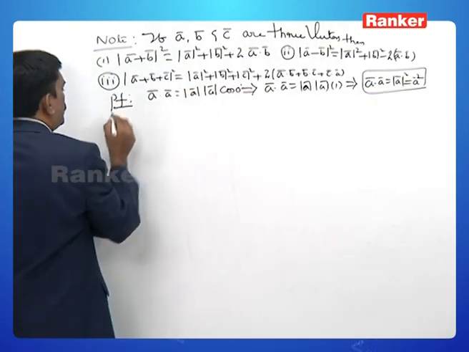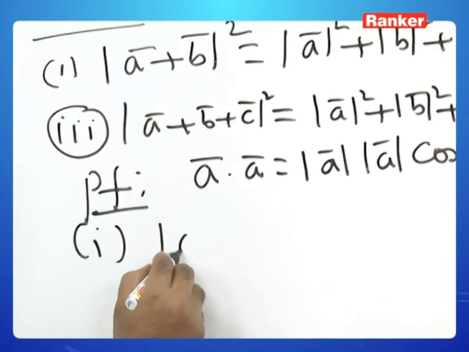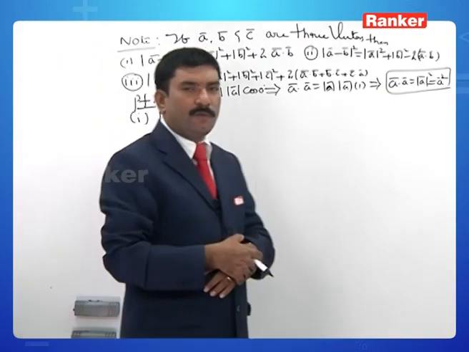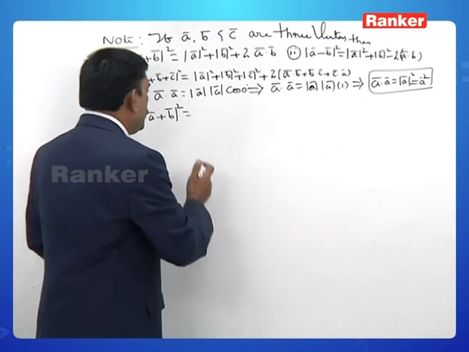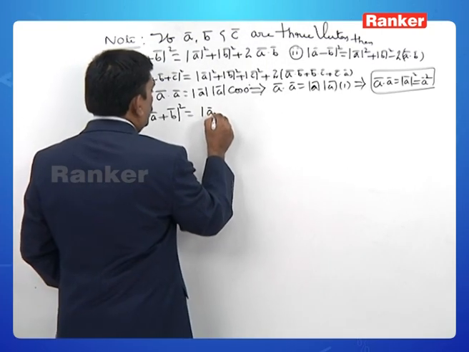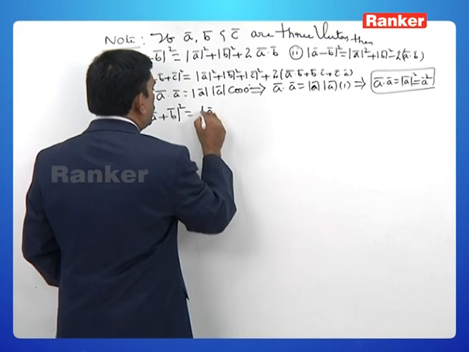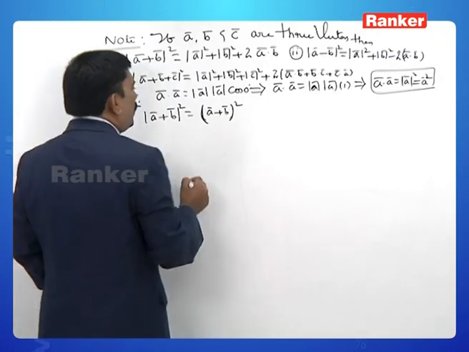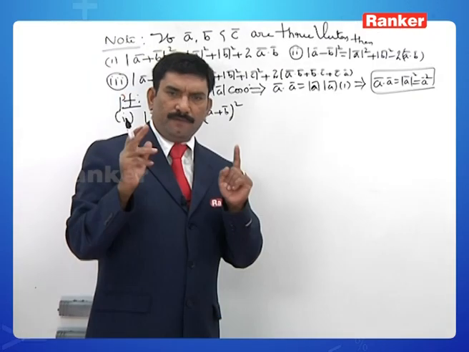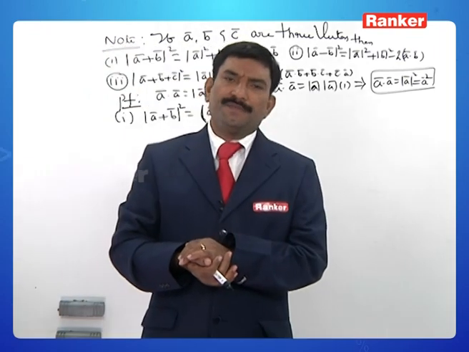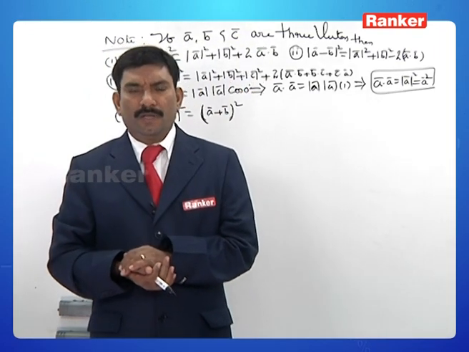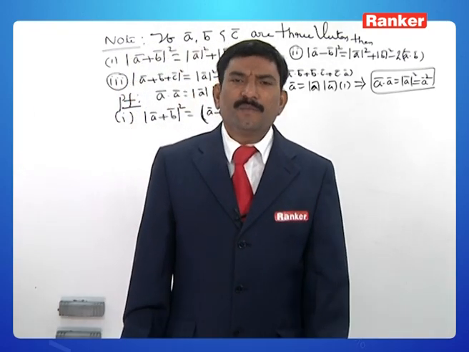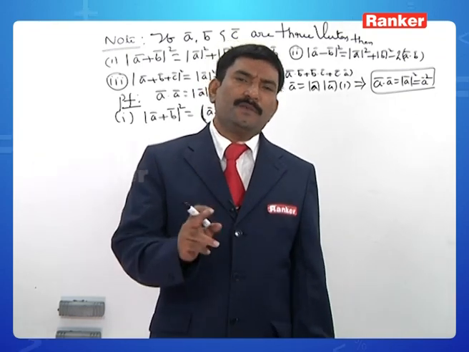Now, the first one is modulus of A bar plus B bar whole square. Addition of 2 vectors is a 1 vector. Addition of 3 vectors is a 1 vector. You can add any number of vectors, but it gives only 1 vector.